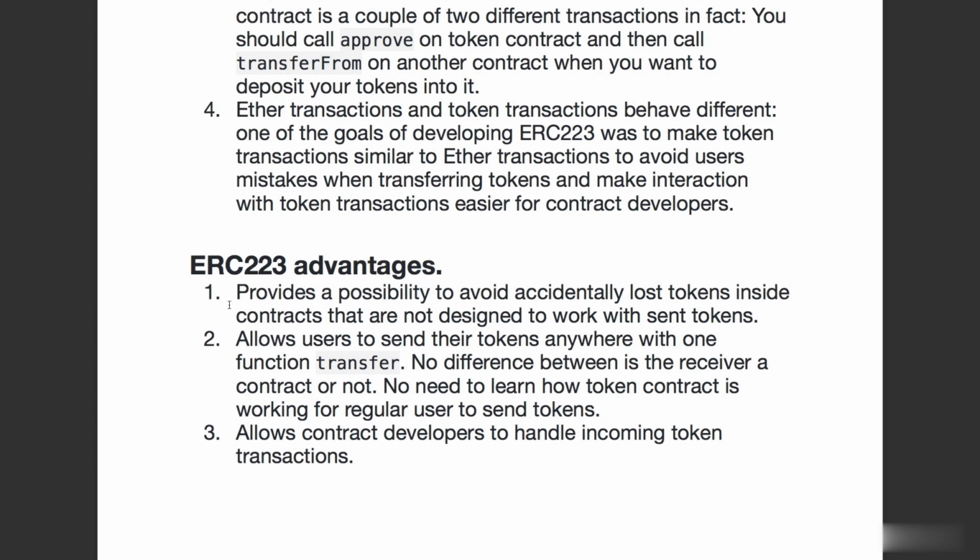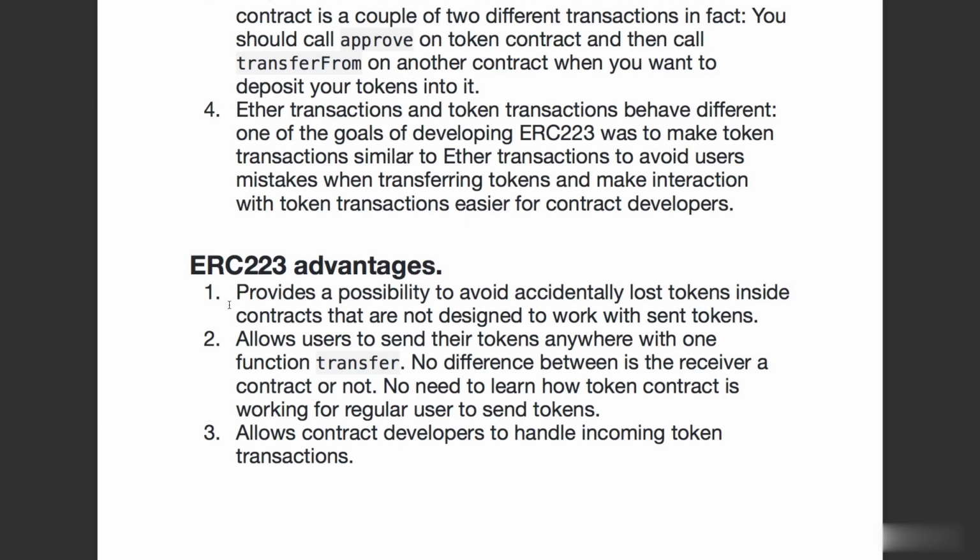There's no difference whether the receiver is a contract or not. There's no need for a regular user to learn how the token contract works to send tokens. It allows contract developers to handle incoming token transactions. These are the main key advantages of ERC-223. This is how ERC-223 can actually prevent the loss of tokens.